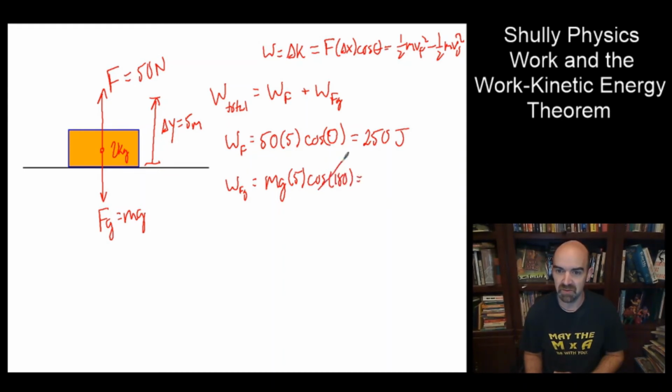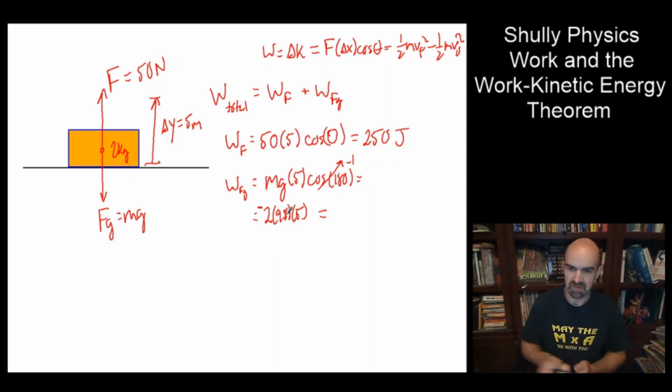So cosine 180, that's -1. Mg times 5, let's see, m is 2. So that'll be 2 times 9.8 times 5, and with the cosine 180, that's a -1. So bring that over there, a little negative. So here we're going to get 19.6 times 5.